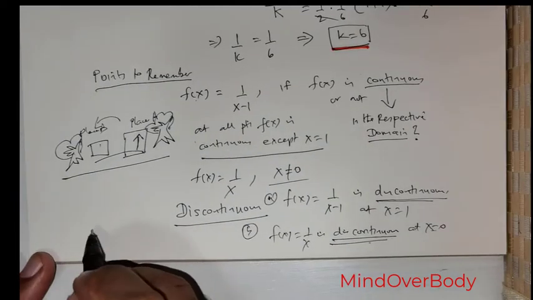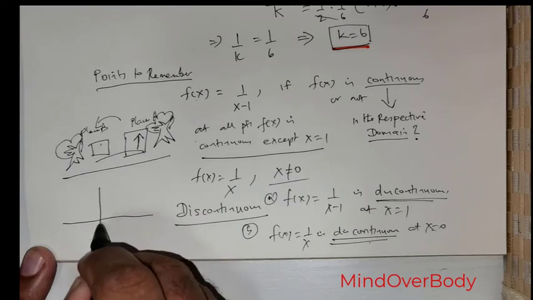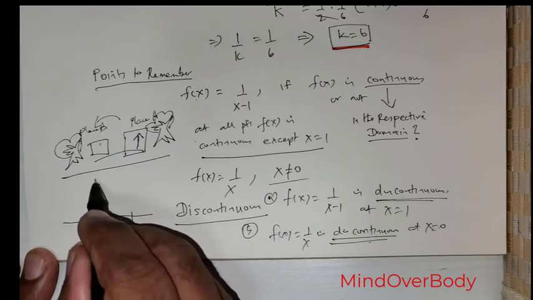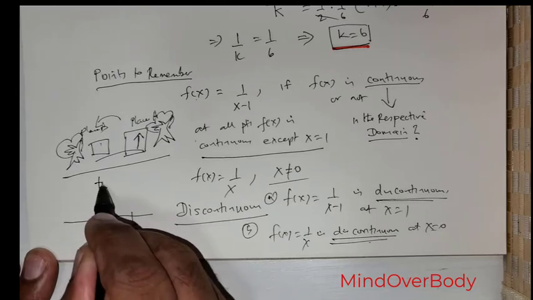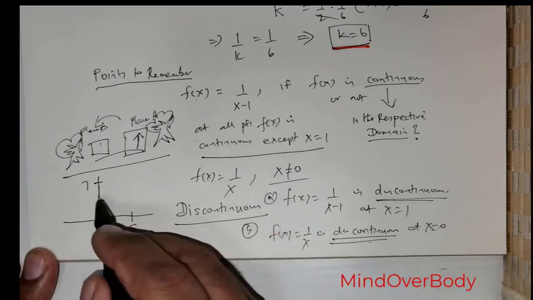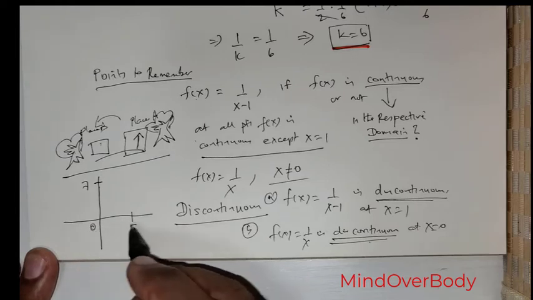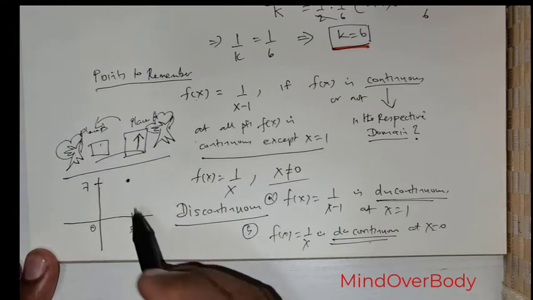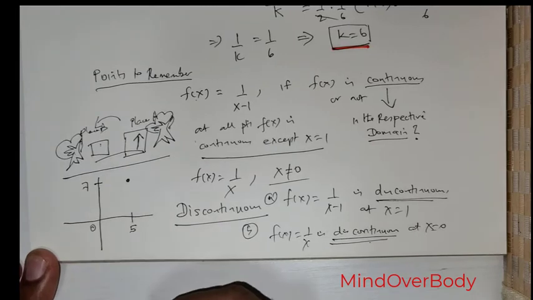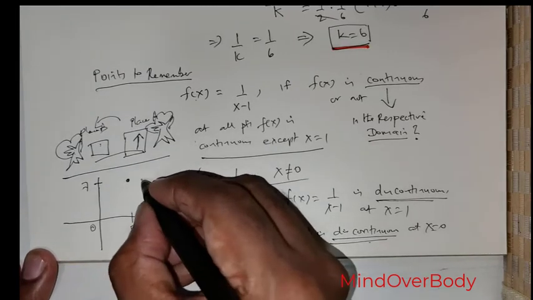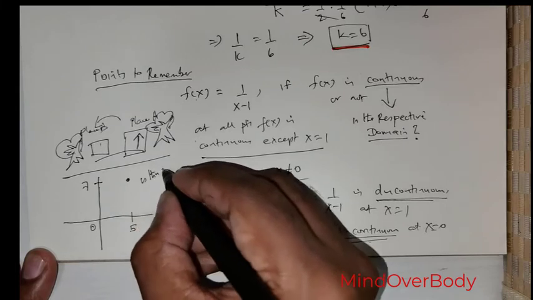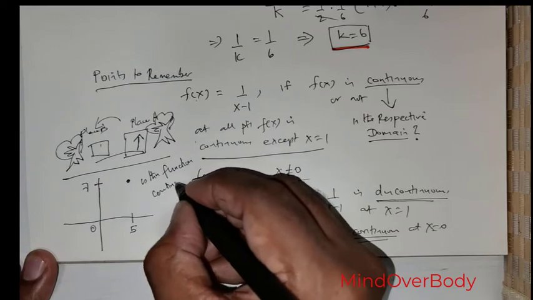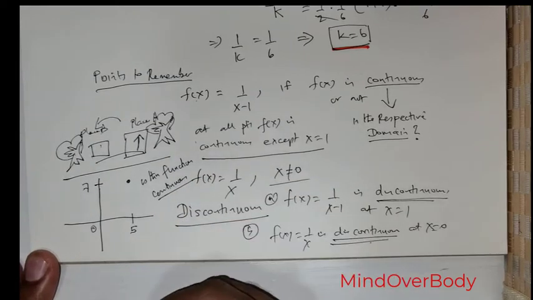The next important point to remember is, suppose you are given a function of this fashion, say 5 and say 7. The graph is not to scale and there is a point here. Now this is actually a point function and they are asking you, is this function continuous? What would your answer be?